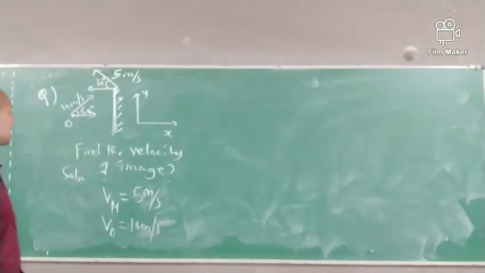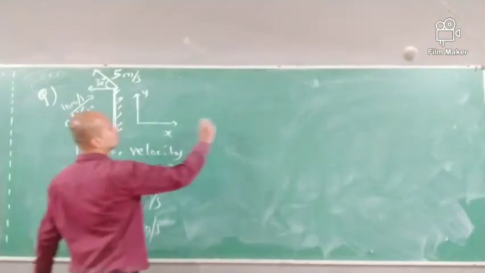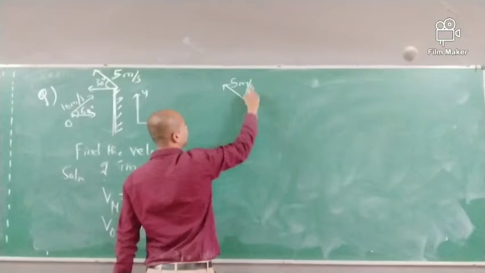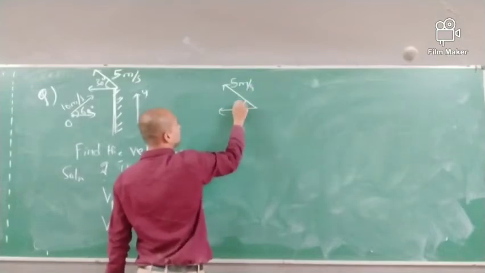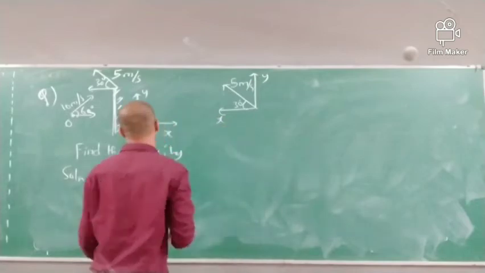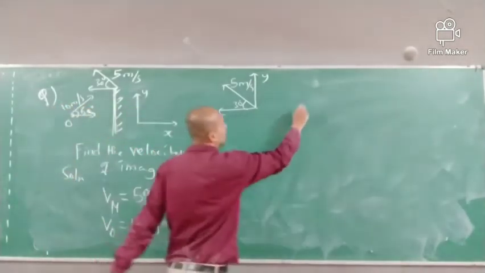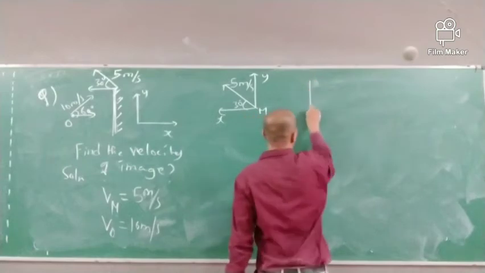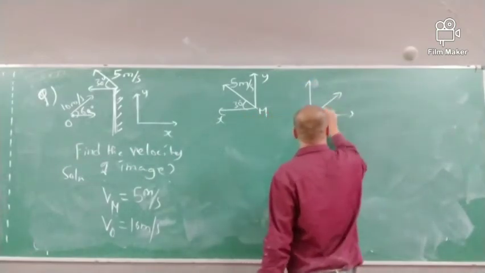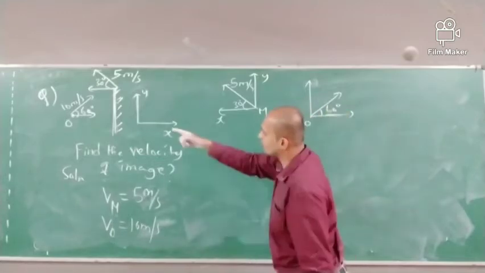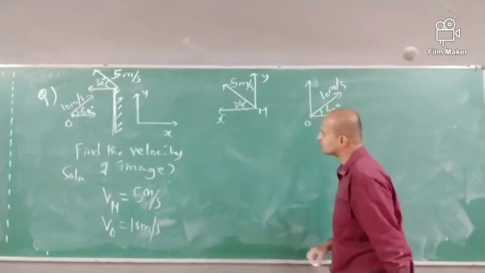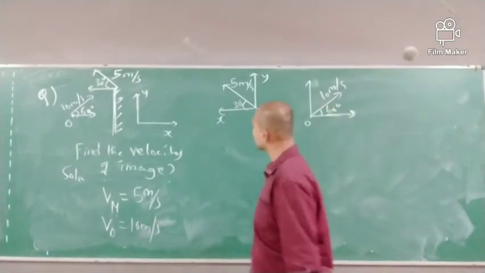Correct? Now, if I resolve this into two components, this is 5 meter per second with 30 degrees. If I resolve this into y component and x component, same thing for the velocity of object. This is for mirror. For object also the same thing I will do. I will resolve the velocity of an object into two components. One is along x-axis, another one is along y-axis.